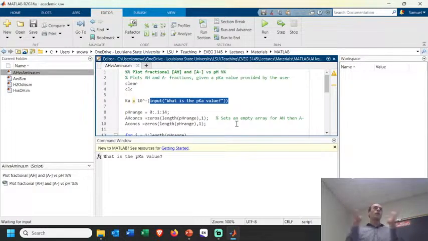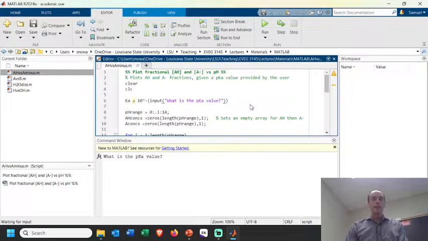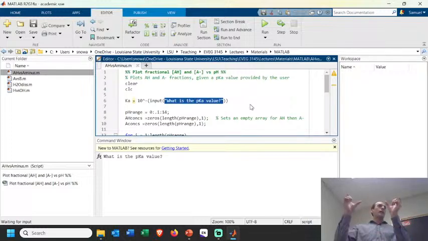That takes whatever input response I give it, and it gives me the question I put in the little quotations. It grabs whatever I write and puts it into the equation, so the Ka value will be 10 to the minus whatever I just put.